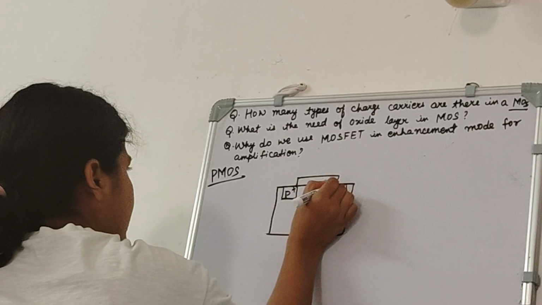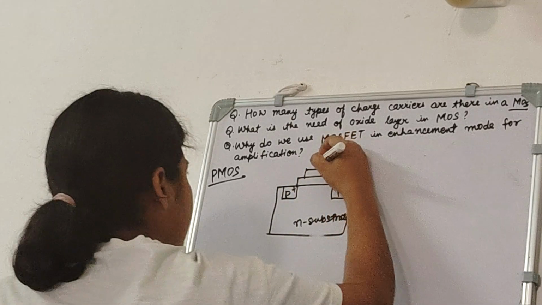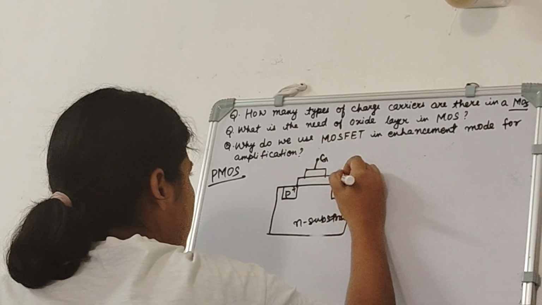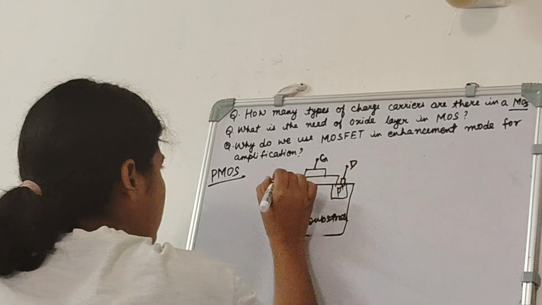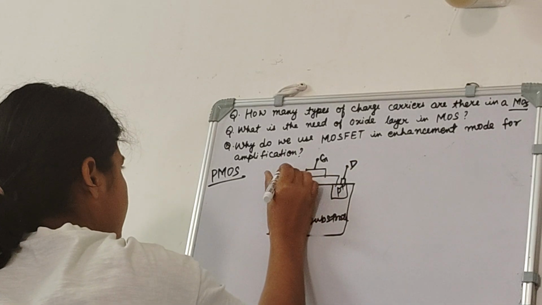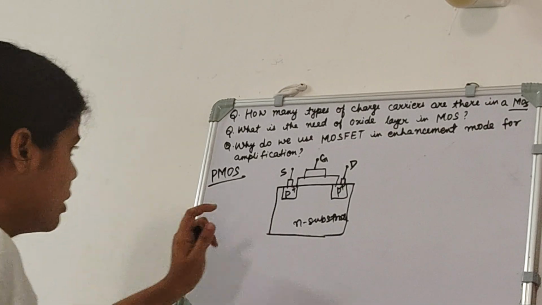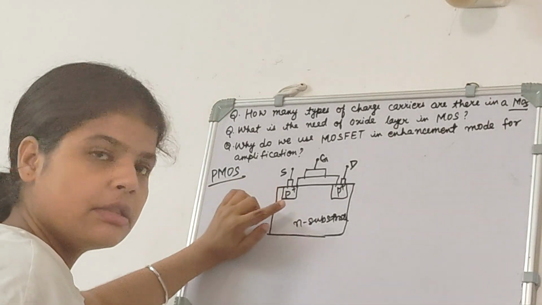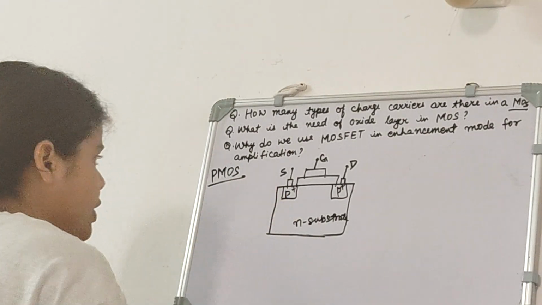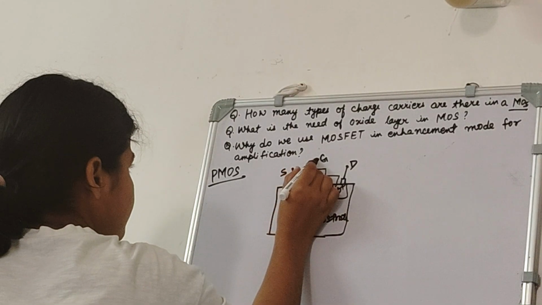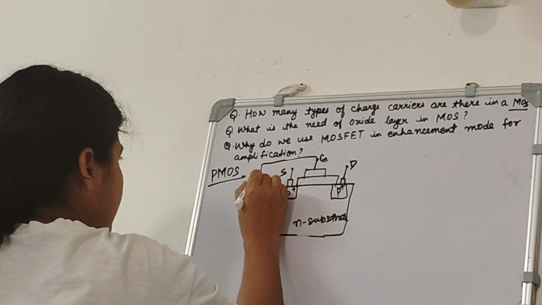This is oxide layer, metal layer, gate terminal, drain terminal, source terminal, and for the formation of channel in this PMOS, we need to apply negative voltage at the gate.